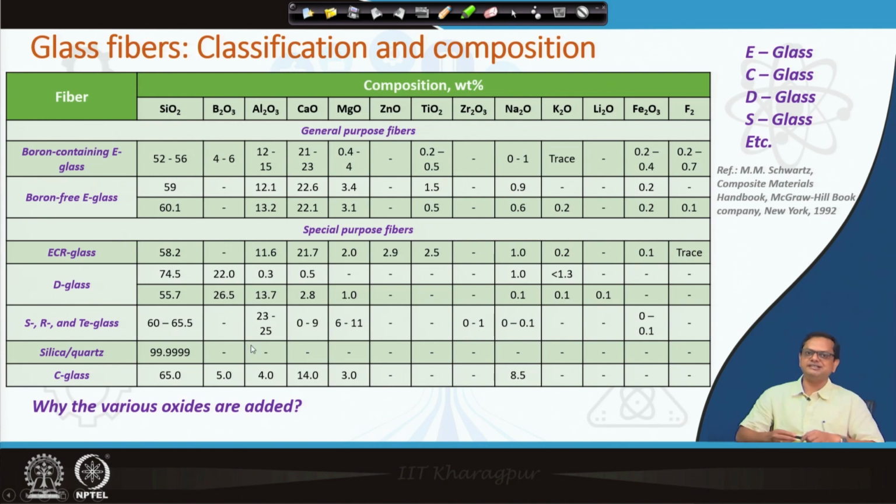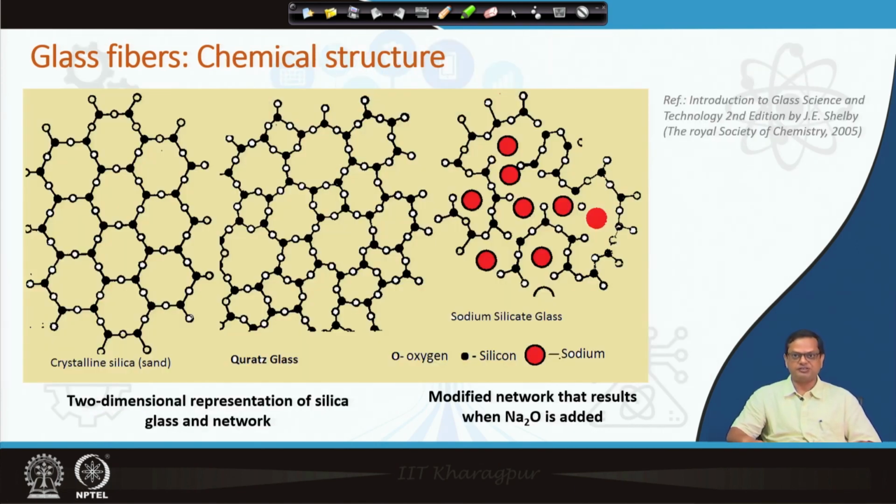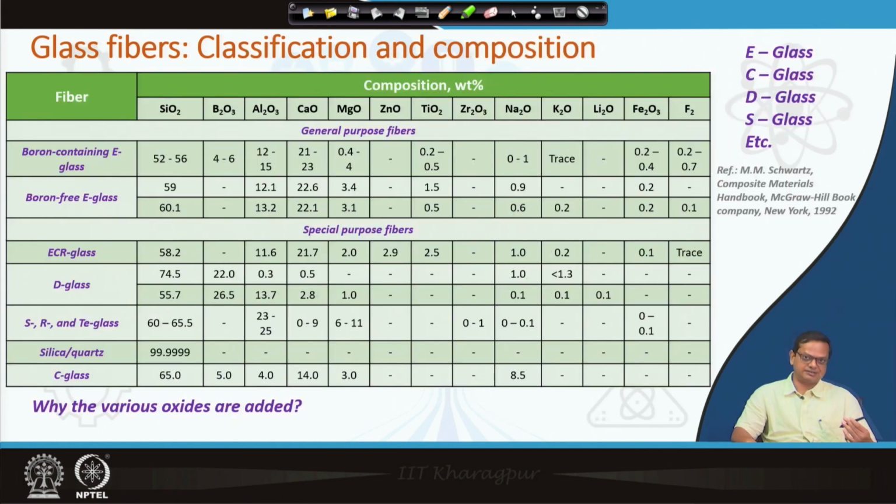Now, the question here is why these various oxides are added. Is it to make it glass? In the last slide you have seen how, when the other oxides are added, they break the crystalline structure. That means as you add the oxide, it becomes glass.